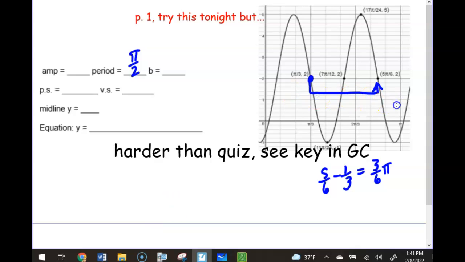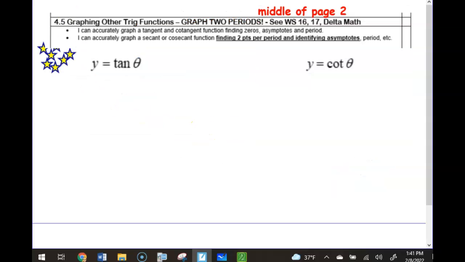This one needs a phase shift, yes. This one on the front page would need a phase shift either way because it doesn't cross the y-axis anywhere nice, okay? That one's way harder than on the quiz though, I promise.